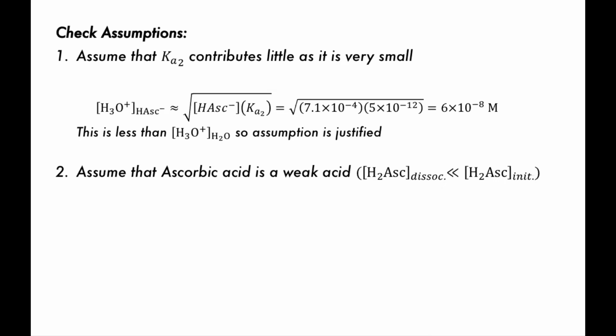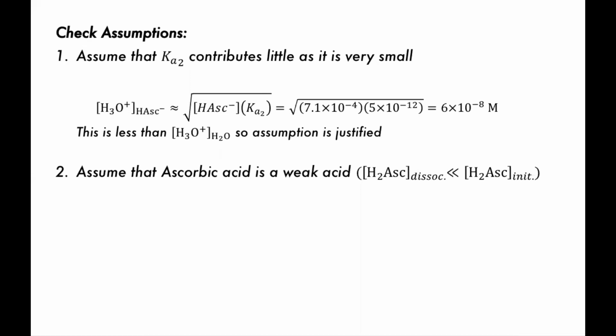So that's going to be 7.1 times 10 to the minus 4, which is what we calculated for the first step, times the Ka value, which is 6 times 10 to the minus 8 molar. This is less than the amount of hydronium ions produced by water, and so our assumption is justified.